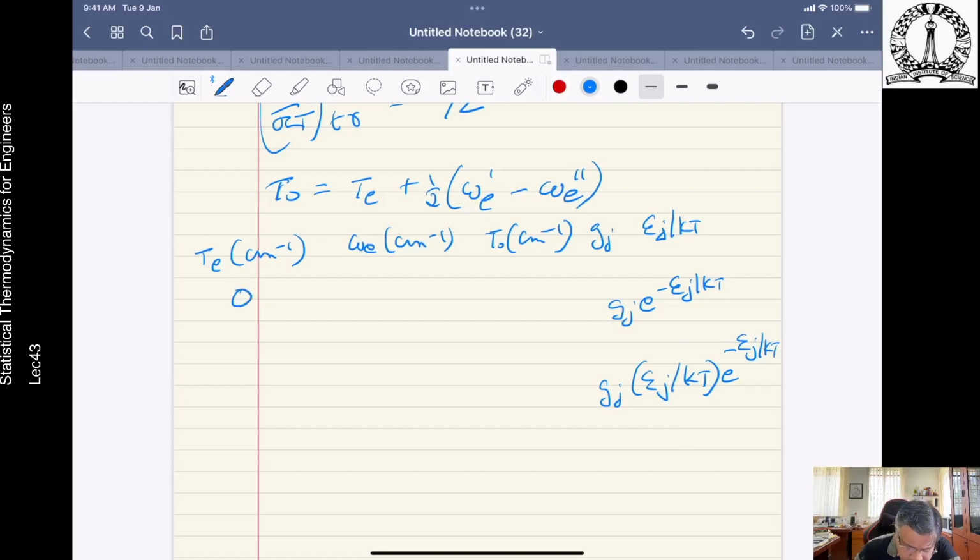So the first is 0, this is 979.2, T naught is 0. The degeneracy is equal to 1, ej is equal to 0, and gj by this is equal to 2, and this is equal to 0 once again. Then of course the second one, 5046, and now you convert, this is 728.8.